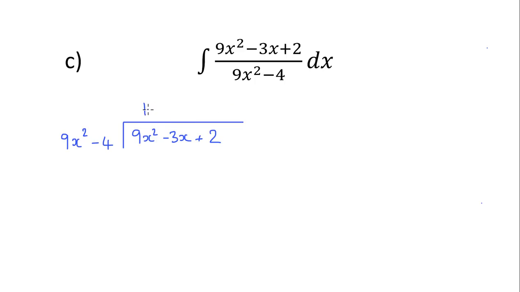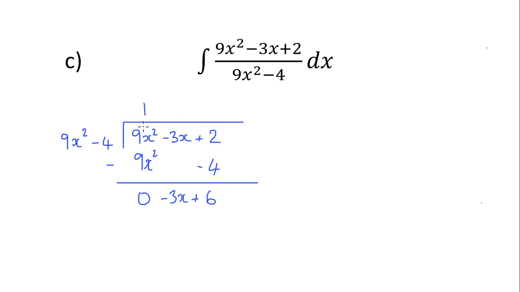And then we say what's one lot of 9x squared, which is 9x squared, so that's going to go here. And we're going to subtract one lot of 4. Notice I've just put that under the right unit. So we then subtract this, which will be 0, minus 3x minus nothing is minus 3x, and 2 minus 4 is 6.